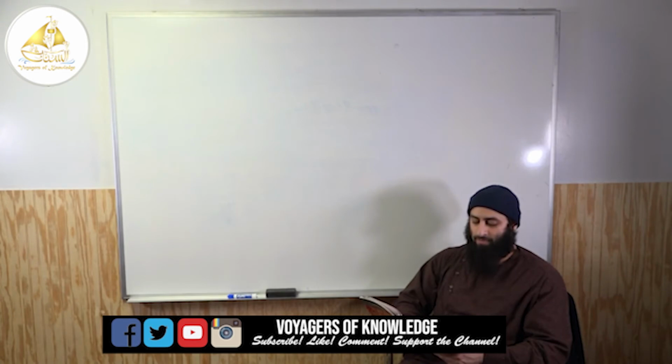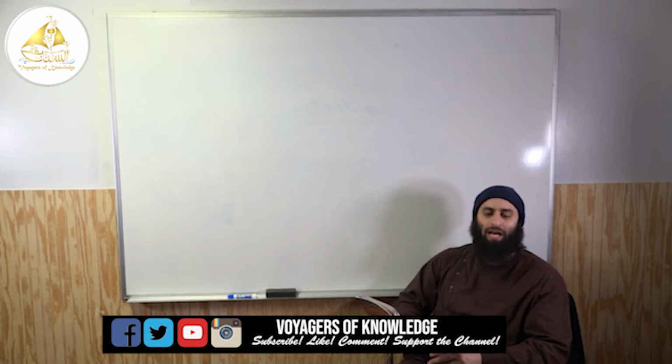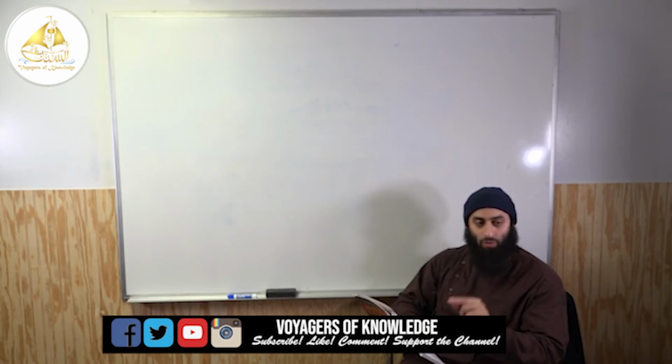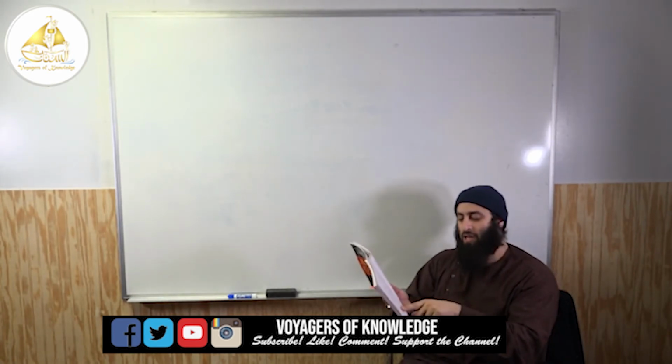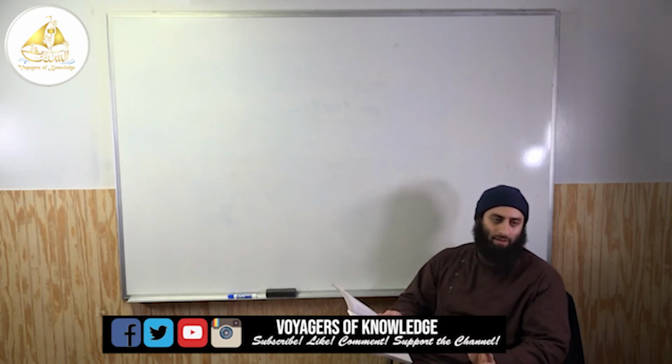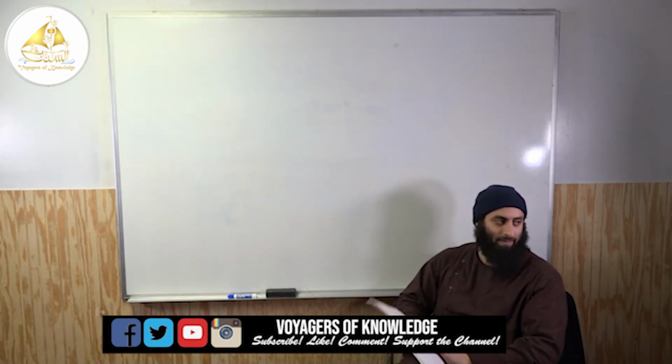Asma'un. Asma'ut tullabi. The names of the students. Asma'uhum. And how are we going to write it? That waw with the hamza on top. They're giving it to you guys a lot, so I cannot guarantee that it will not be on the test.